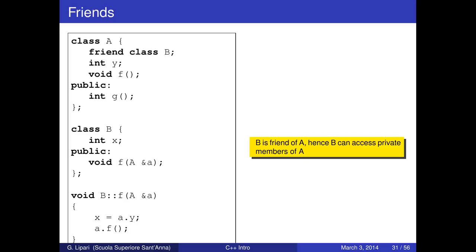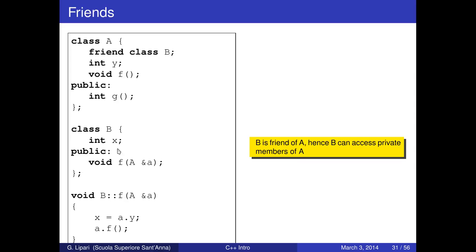So you have access rules in C++, and since C++ is a very liberal language, you also have exceptions to this. And the exception is the keyword friend. You can declare that another class is a friend, and that means that that other class can access your private data. In this example, class A declares that class B is her friend.